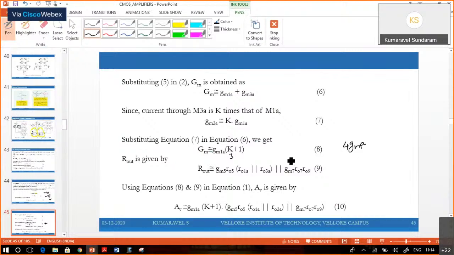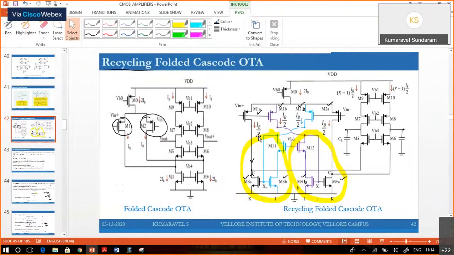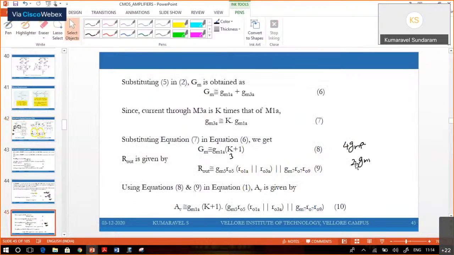That is nothing but 2 times GM1 in the previous architecture. Here the current is IB by 2, IB by 2, whereas in the previous one, IB current flows through M1 and gives GM1. For the same IB current, here we are getting more times GM1.